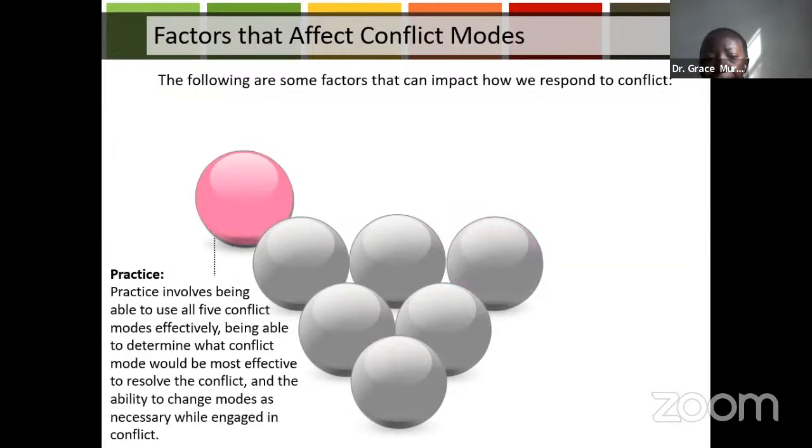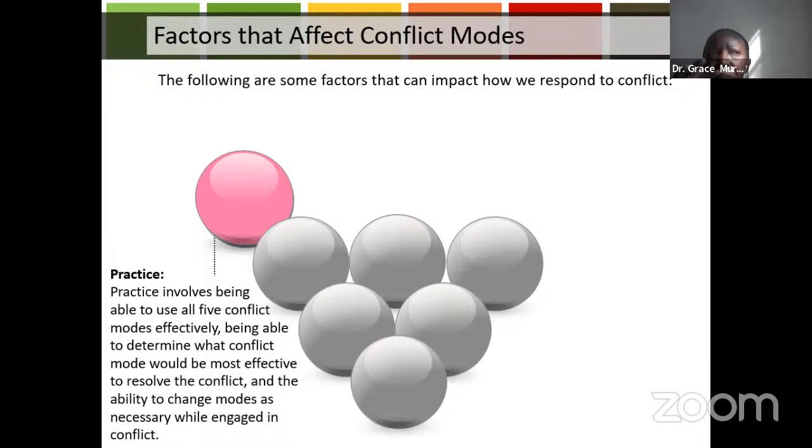Then there is practice, which is how good you are at managing conflict. If you've been managing conflict over and over, you have picked up the knowledge and skills we are talking about here, and you have learned to use them so well that you can use all these styles in different situations, and sometimes in the same situation but in different ways.